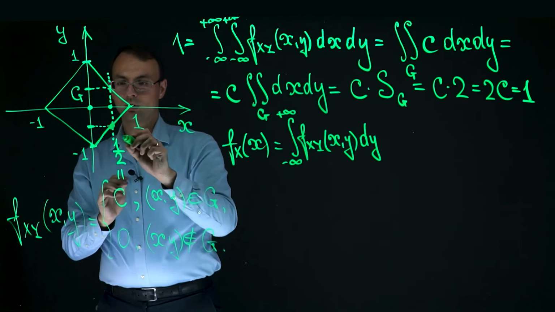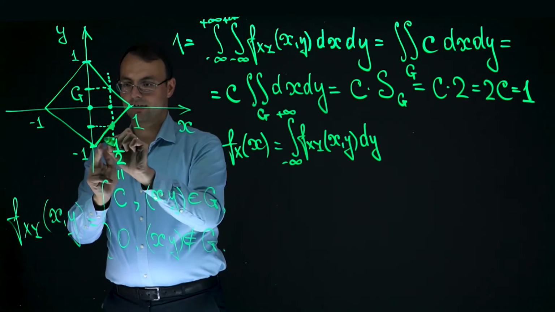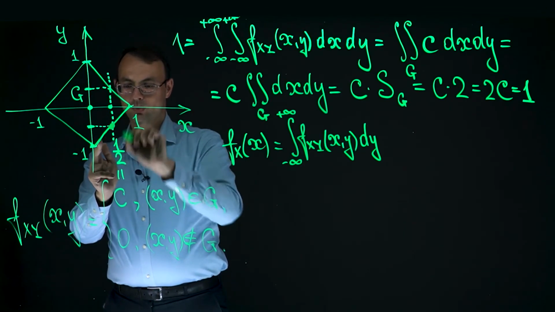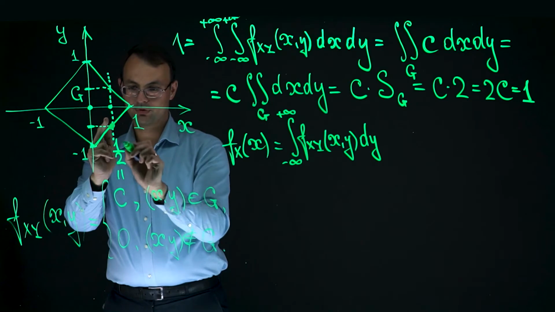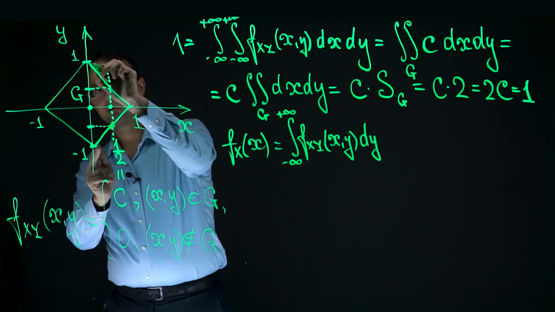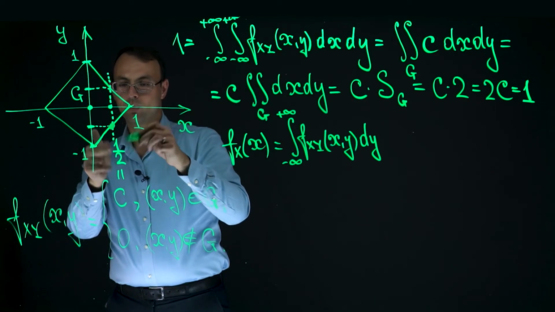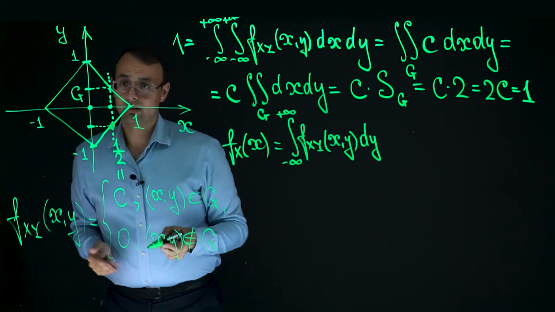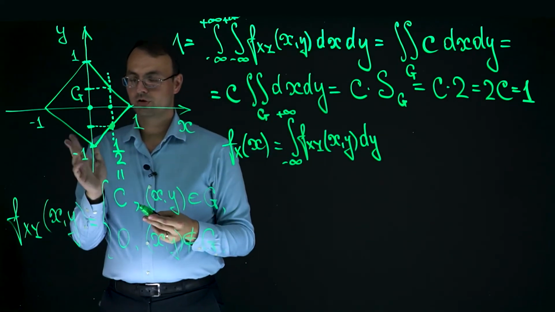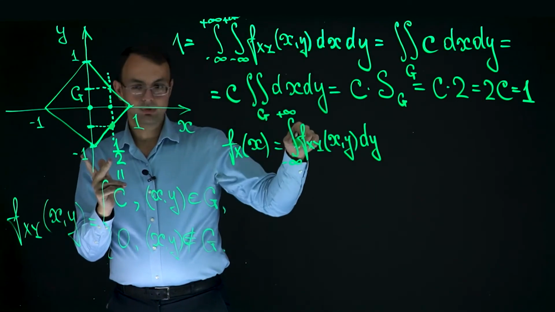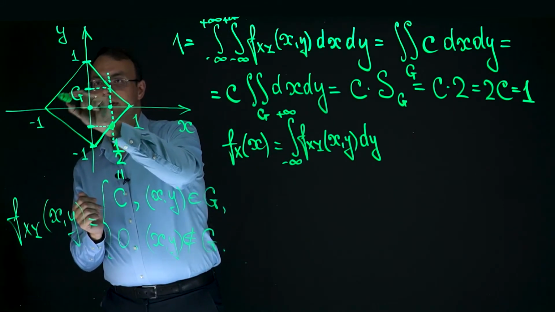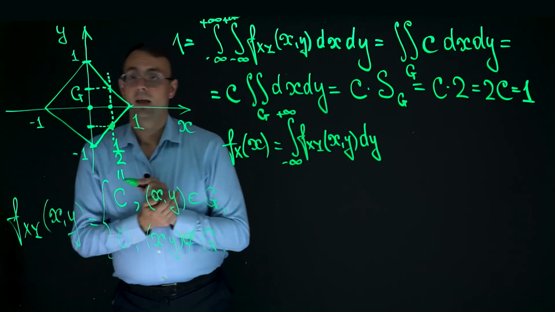It does so when we cross this line: it switches from 0 to C, to 1/2. And when we cross this line, it switches back from 1/2 to 0. So our limits of integration are actually: the lower limit is this line and the upper limit is this line.